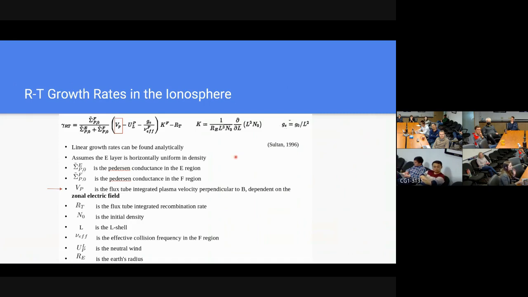And in this case, this is a flux tube integrated setup. Since plasma does typically move in that way, you're going to need global parameters in order to get the Rayleigh-Taylor growth rates. And you can see here that these depend on conductance, plasma velocity perpendicular to B, which is from the zonal electric field, recombination, density, and then also the neutral wind and collision frequency.